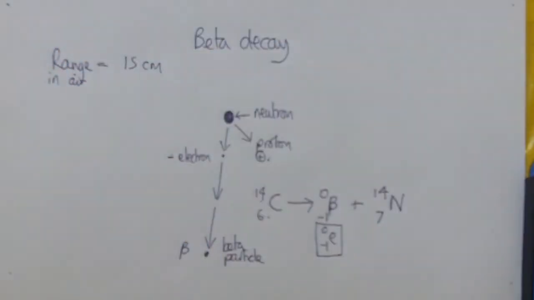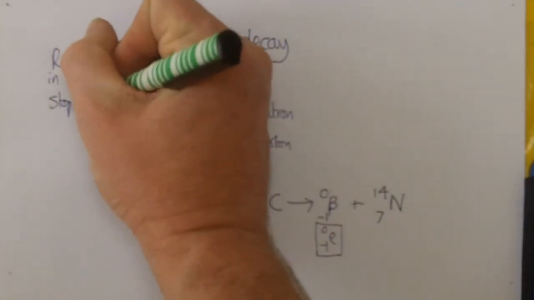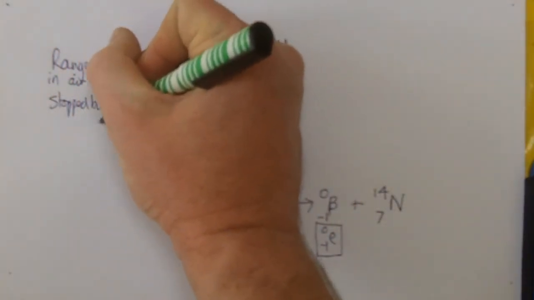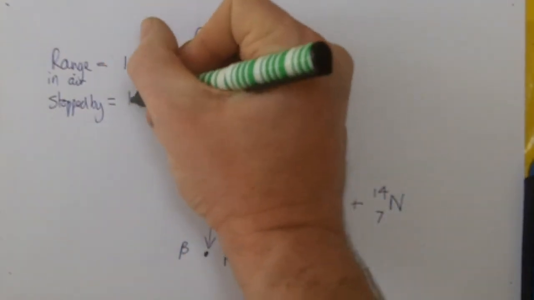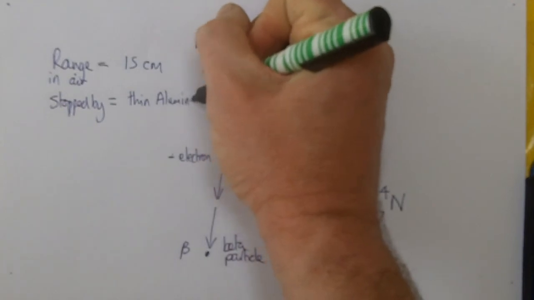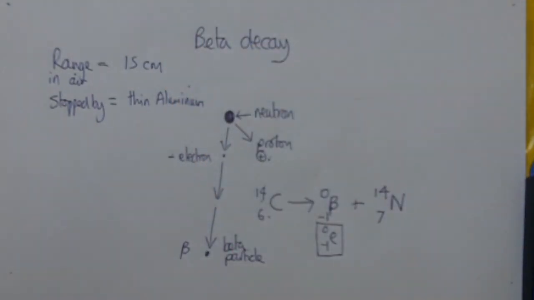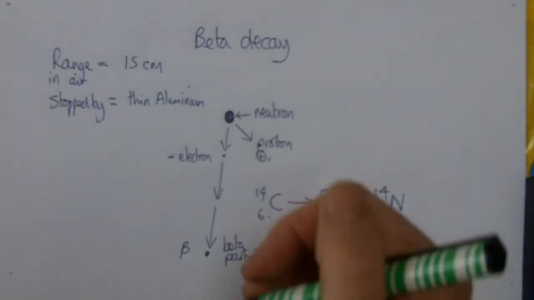The range in a vacuum will be much more because there's nothing to collide with, nothing to lose its energy. It's stopped by very thin metal such as aluminium. So it can pass through paper, can pass through skin, but needs a thin piece of metal to stop it.